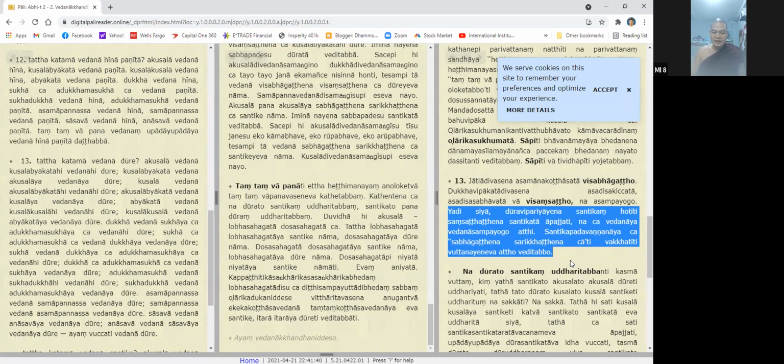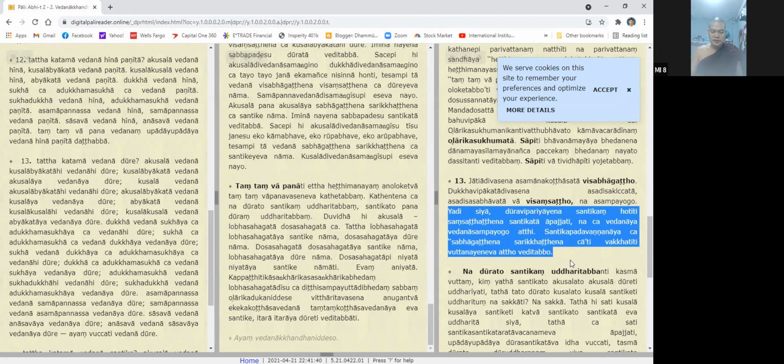Sadika, the explanation of the Sadika word. Sabhagatena, sarikkhatena jadi, this is according to the Atthakatha, already explained.